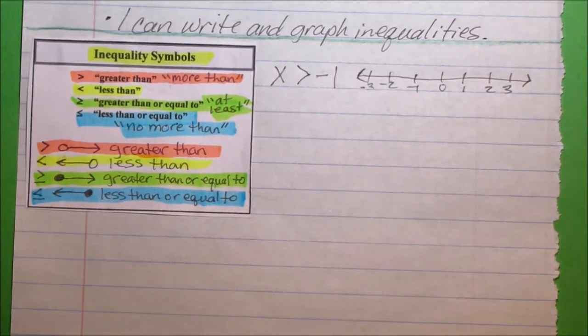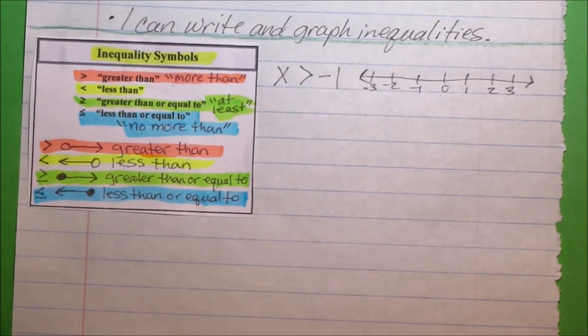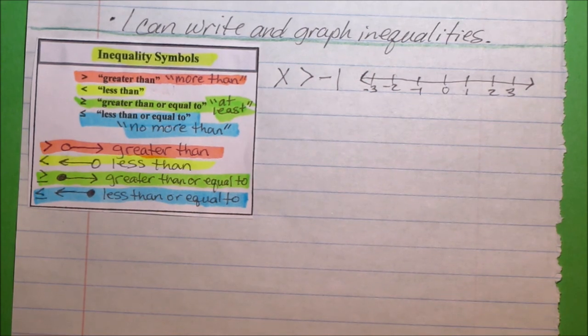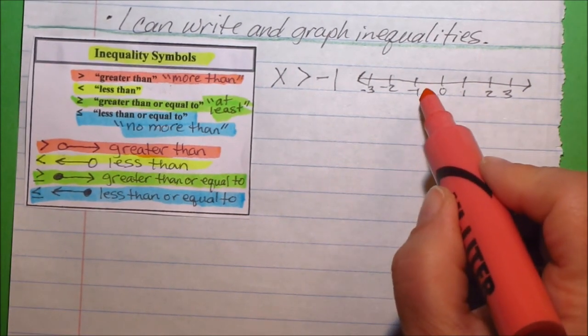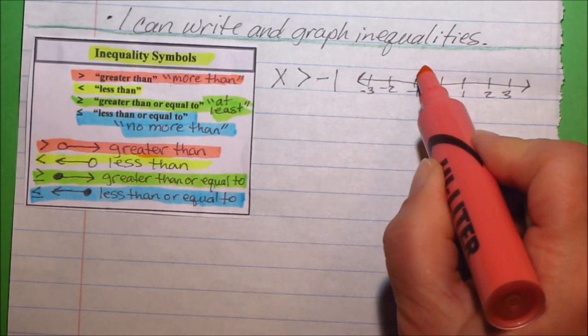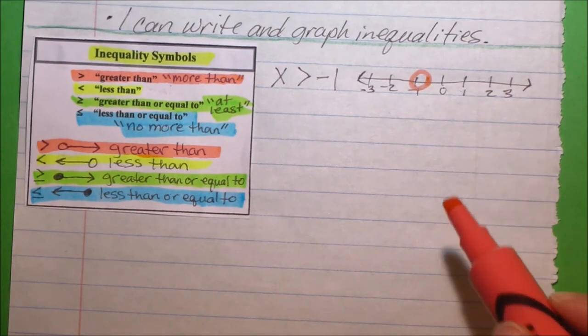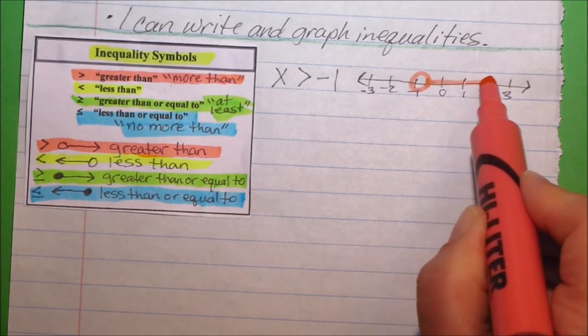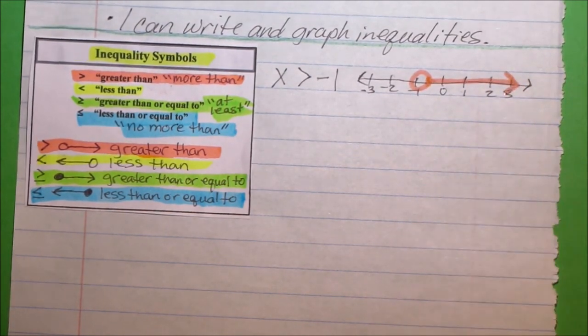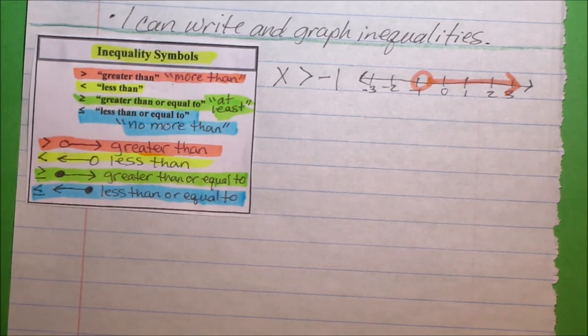Now, this one here is my greater than, so I'm going to use my pink highlighter. It's greater than -1, it says. So I'm going to have a circle there on -1, and whatever x is, it's greater than -1. Now, if it's greater than -1, is it possible that x is -1?